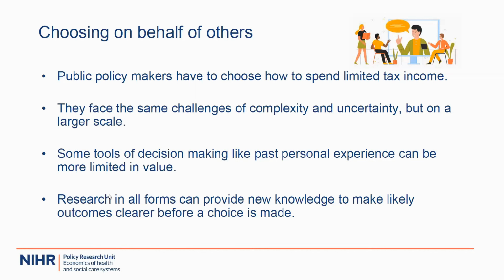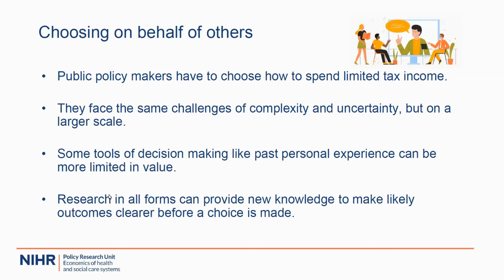They still have to make a decision without knowing everything that's potentially going to happen. And on top of that, some of the things which we can use as individuals to think about choices in our own lives are still helpful, but maybe not as helpful for that policymaker type of decision.